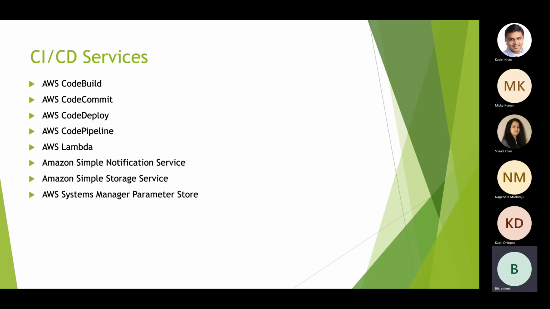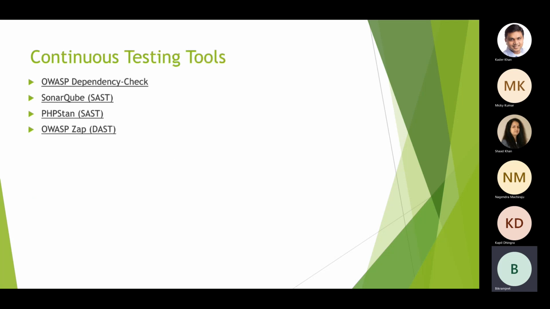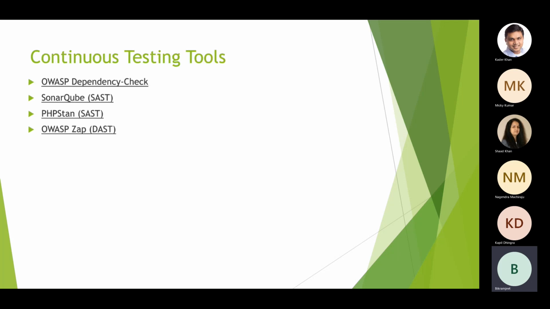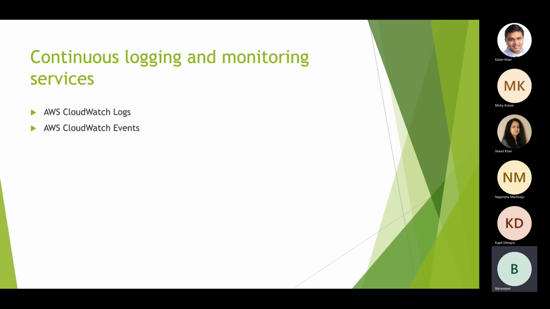So in this session, we have covered CI/CD services that are offered by AWS that we can use, the continuous testing tools that we need to integrate in our pipelines or in our CI/CD solution so that vulnerabilities can be detected at a very early stage so that they are not pushed to production. And then the logging and monitoring services.